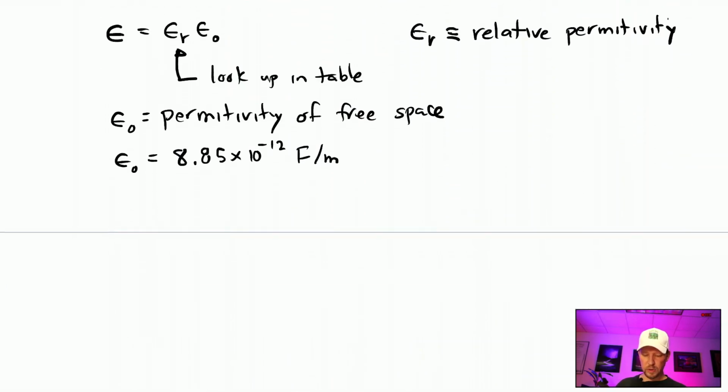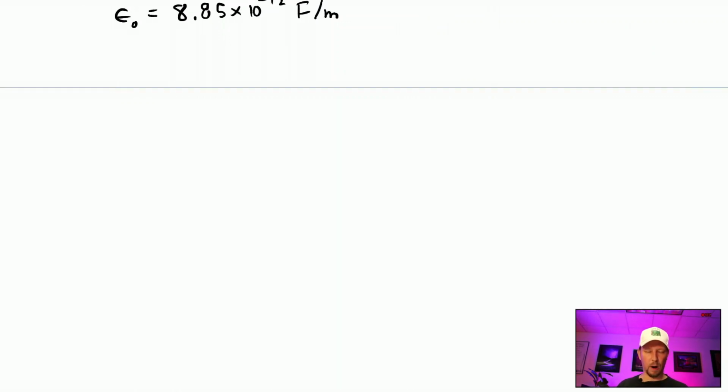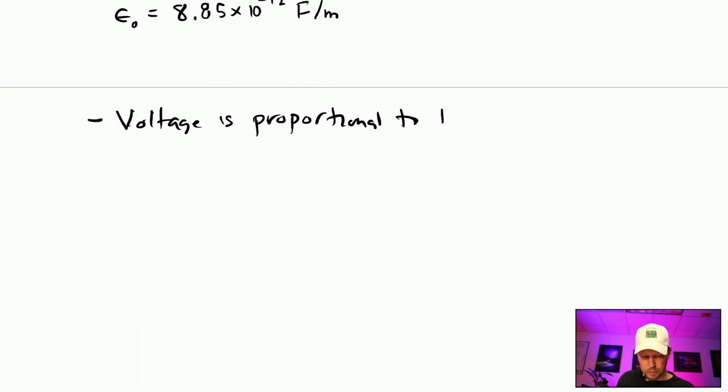Now, the most important property of these capacitors is that the voltage is proportional to the charge separated. In particular, the proportionality constant between the voltage across the plates and the charge that has accumulated on the plate is what we call capacitance.